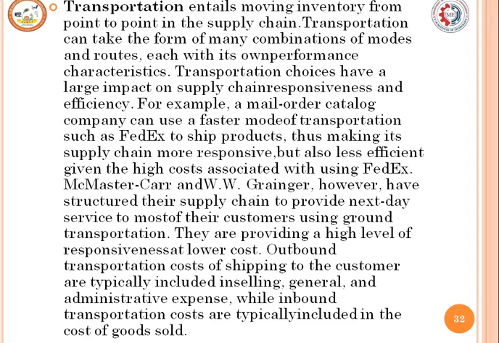Grainger and McMaster-Carr have structured their supply chains to provide next-day service to most of their customers using ground transportation. So various ways of transportation are available so that they can reach the customer at a faster rate.